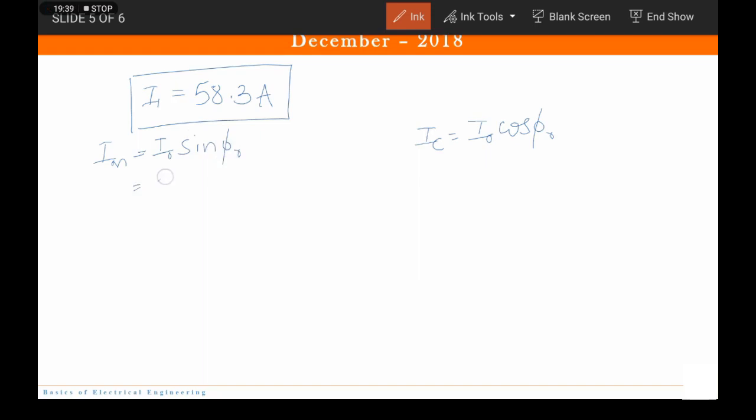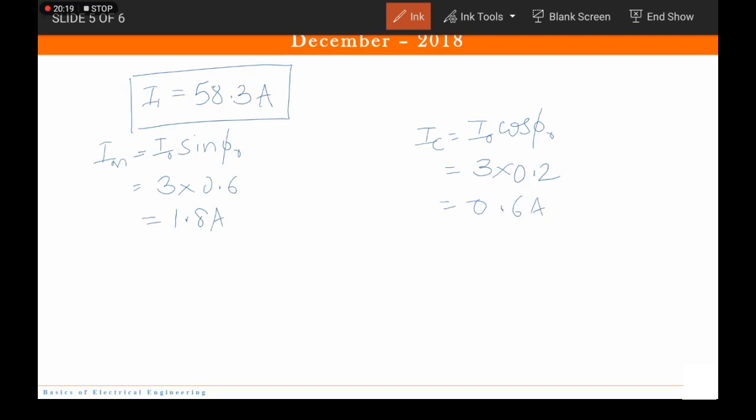I0 was 3, sin phi 0 was 0.6, so this comes out to be 1.8 amperes. Similarly, I0 was 3 and cos phi 0 was 0.2, so this component comes out to be 0.6 amperes.